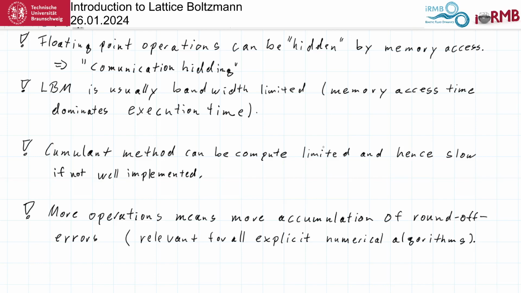And this may actually lead to a condition where mathematically cumulants should be better, but in reality BGK kind of nails it because it has fewer round-off errors. Yeah. This is of course a problem that can be solved and has been solved, but this was the original observation with this kind of model.